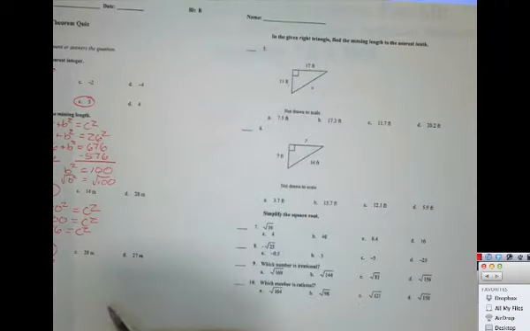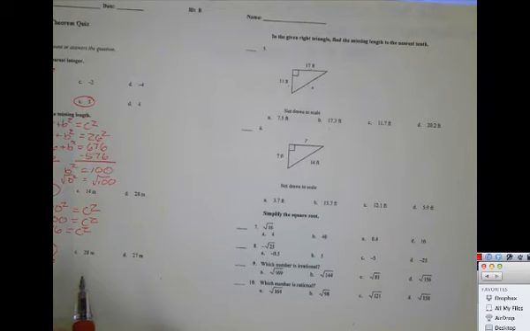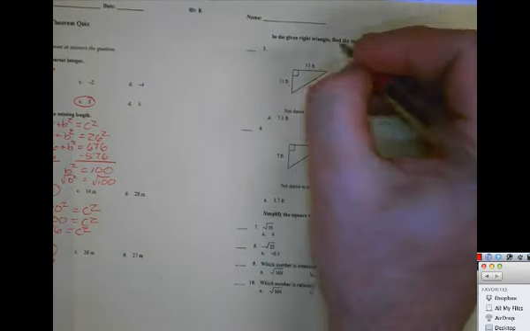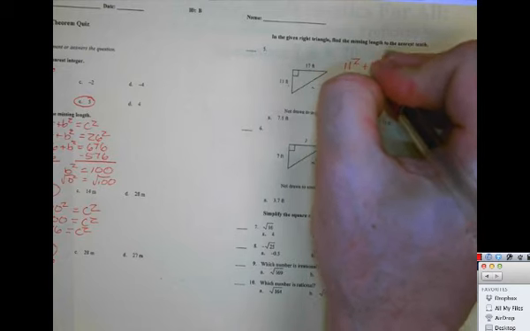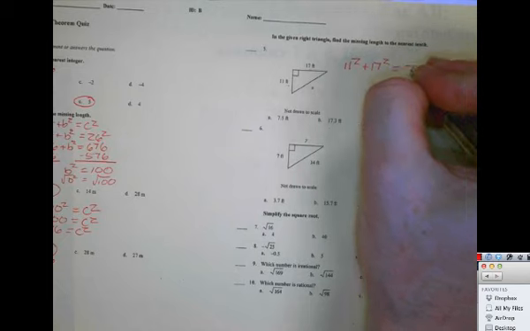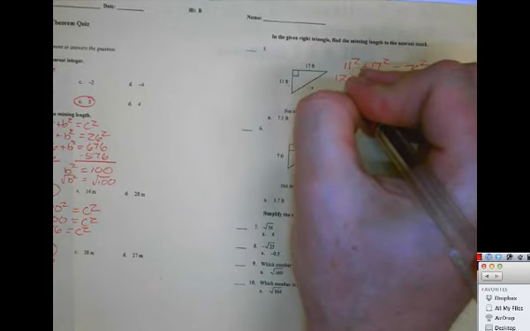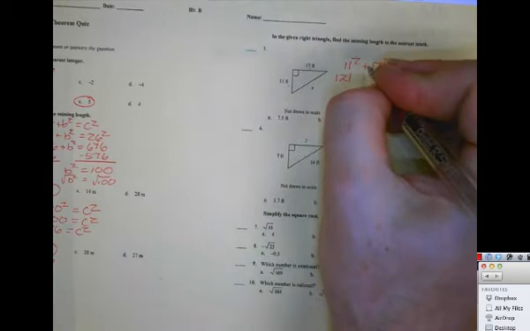Given the right triangle with the two legs, find the missing length to the nearest tenth. Okay, so 11 squared plus 17 squared is equal to x squared. Well, I know that one's 121. 17 times 17 is 289.